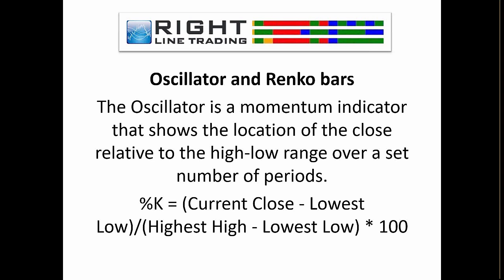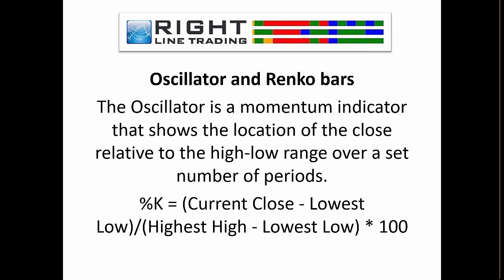To give you a quick example, I want to show you an oscillator and Renko bars. An oscillator is a momentum indicator, and it shows the location of the close relative to the high or low of a given candle.